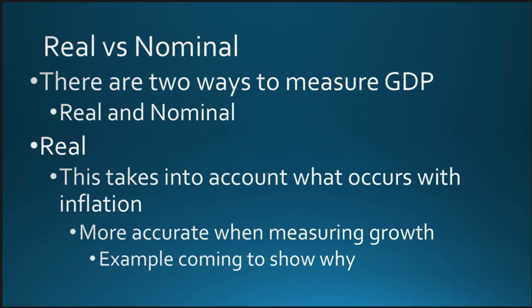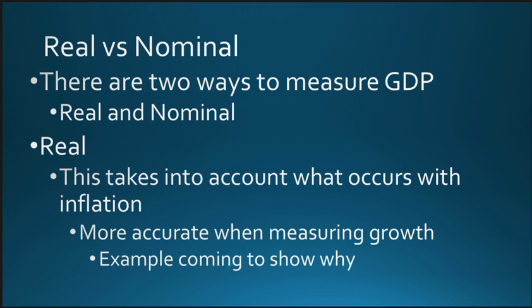So real gross domestic product takes into account what occurs with inflation. Now, I don't know if you already know what inflation is. Inflation is basically the rising of the price of goods and services over years. For example, back when I was your age, 15, 16, 17 years old, I could get a candy bar for 60 cents. Now I'm lucky if I can find one for $1.